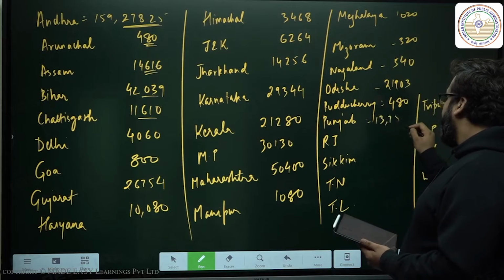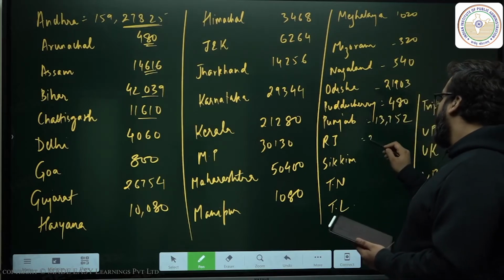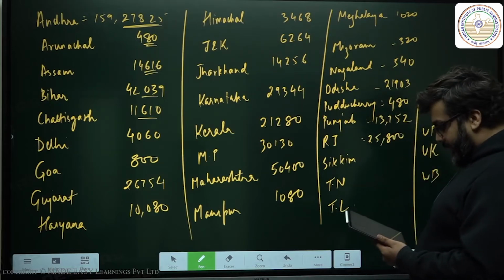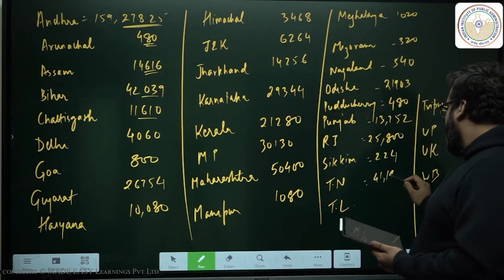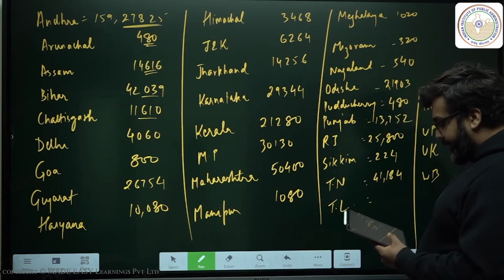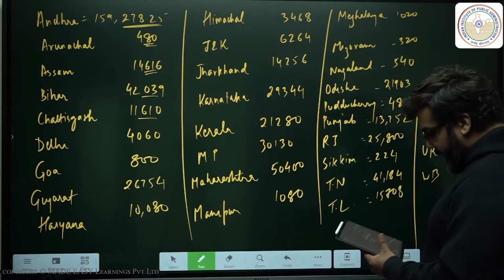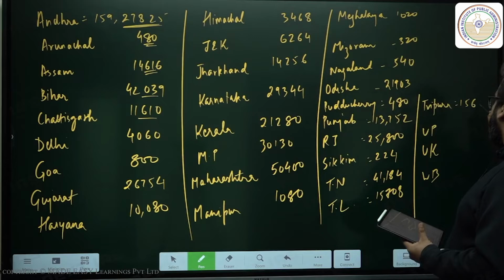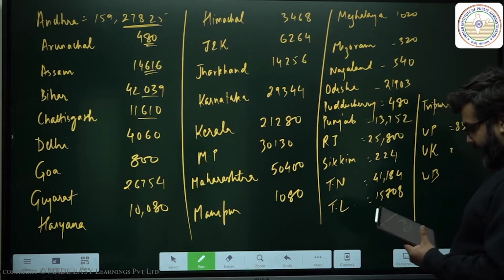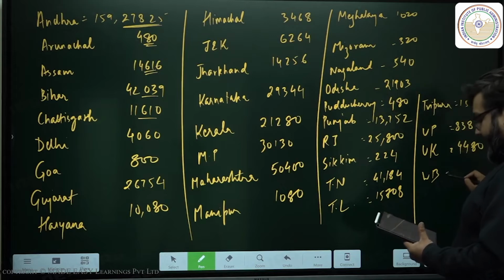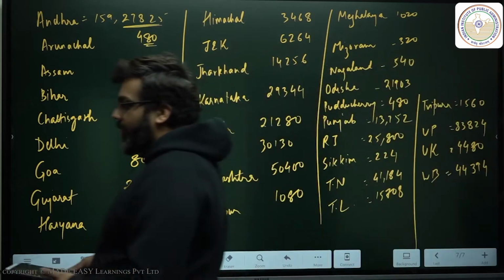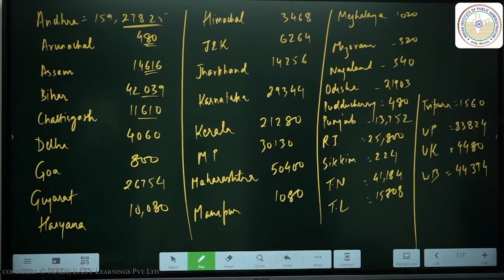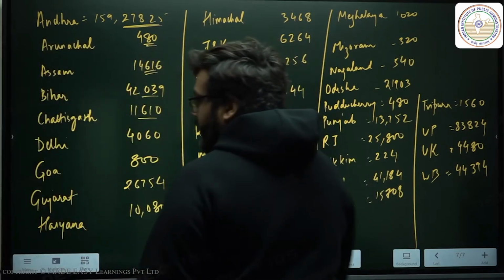Punjab 13,752, Rajasthan 25,800, Sikkim 224, Tamil Nadu 41,184, Telangana 15,708, Tripura 1,560, Uttar Pradesh 83,824, Uttarakhand 4,480, West Bengal 44,394. ठीक है, clear? Understood this?